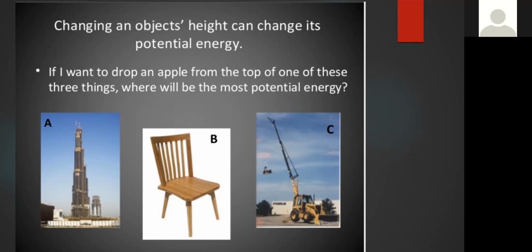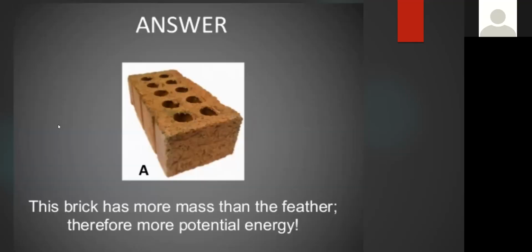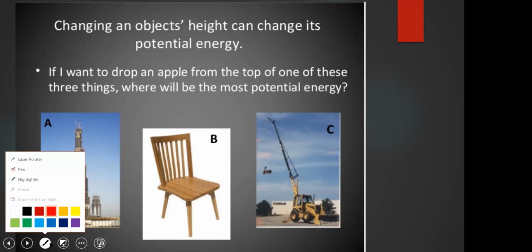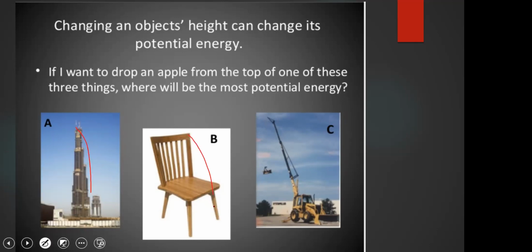Because the space it's dropped from is not so much, so after it's dropped, it will have the potential energy. Okay, but in all three cases you have potential energy, because you drop an apple from A and from B and from C.